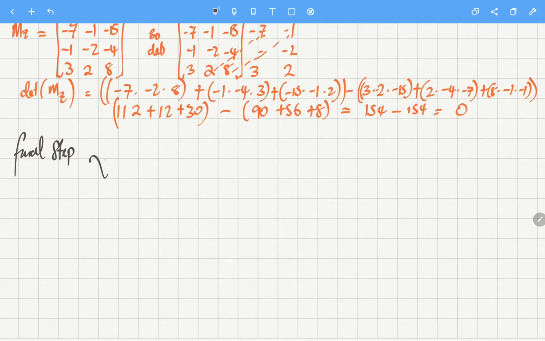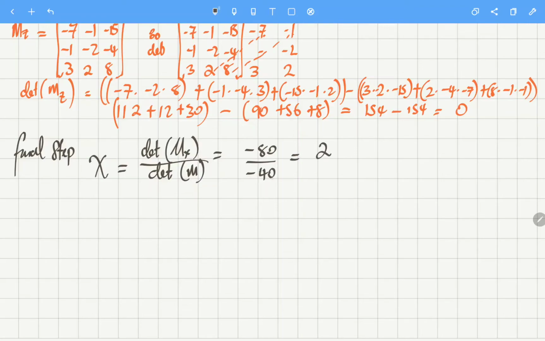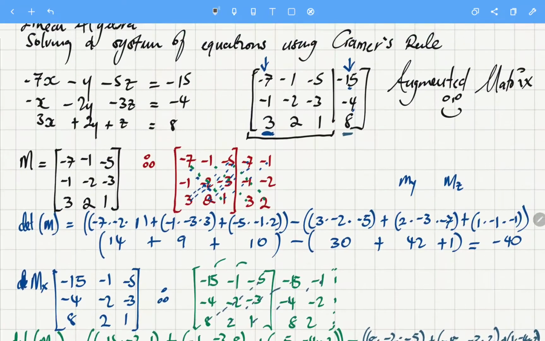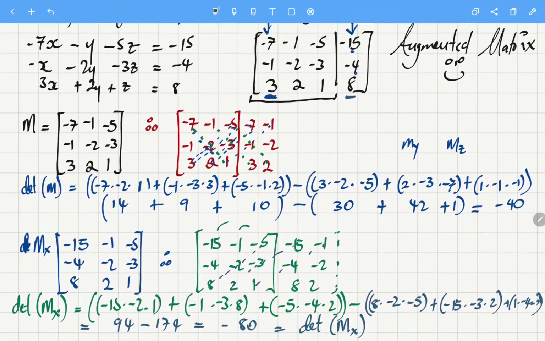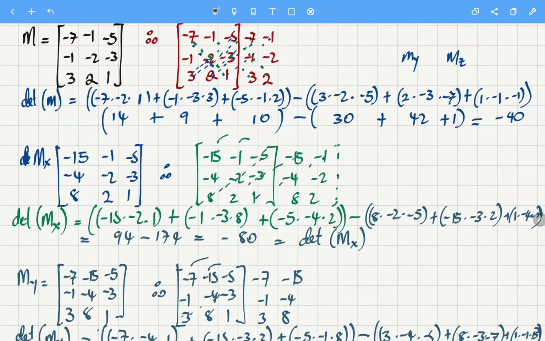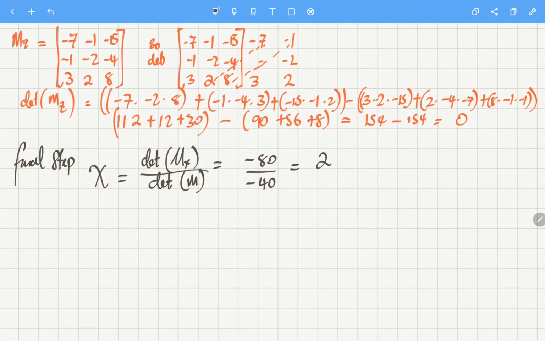Right, so the value of x will equal the determinant of mx divided by the determinant of m. So that's minus 80 divided by minus 40, which is equal to 2.